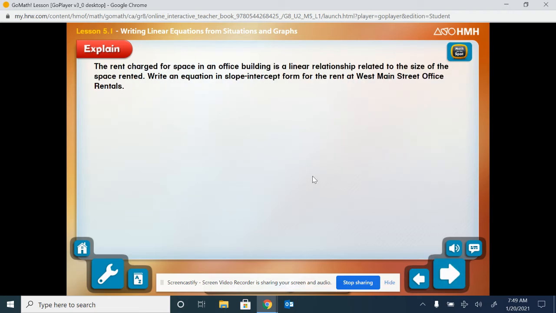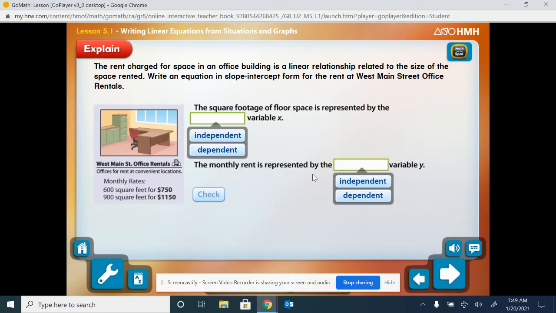The rent charged for space in an office building is a linear relationship related to the size of the space rented. Write an equation in slope-intercept form for the rent at West Main Street office rentals. You can use information from a description of a linear relationship to write the equation.